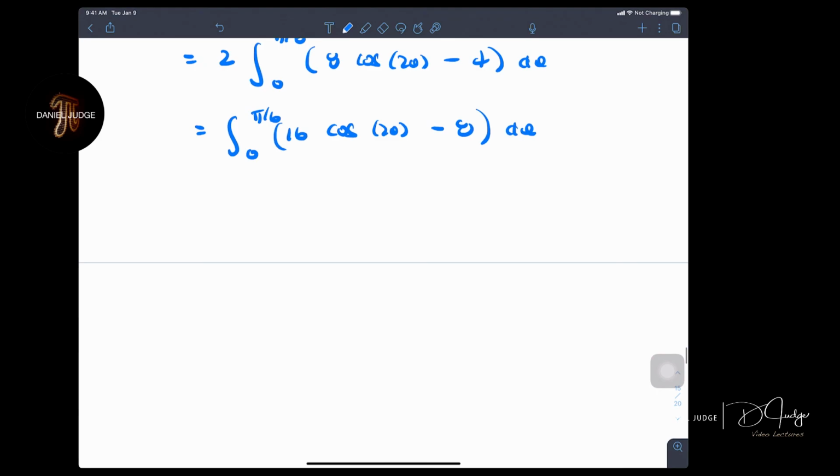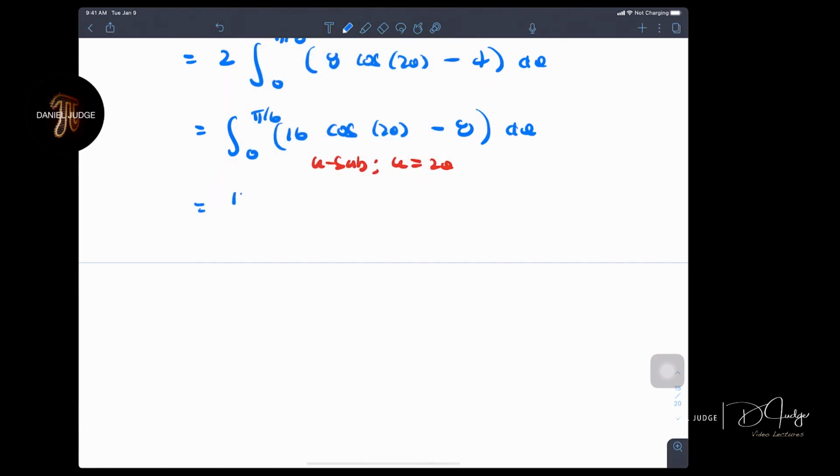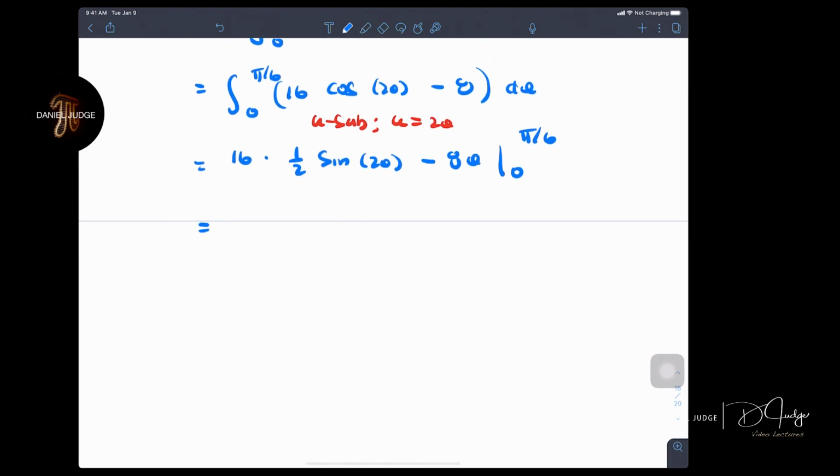All right, so I'm going to integrate here. Don't forget, this would be u-sub, where u is 2 theta. So the derivative of sine is cosine, so that'll be 16 times 1/2 sine 2 theta minus 8 theta from 0 to pi over 6. And this will give me 8 sine 2 theta minus 8 theta, 0 to pi over 6.